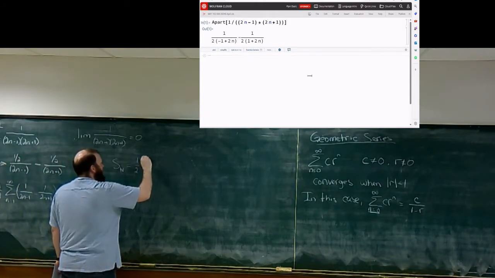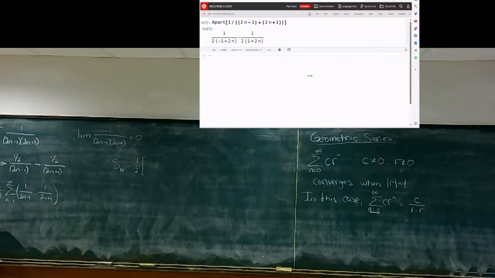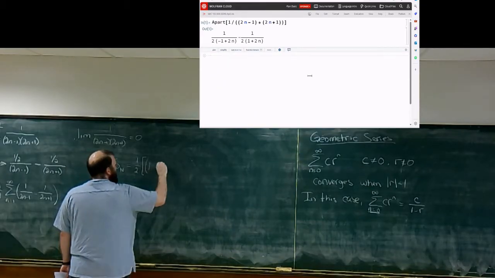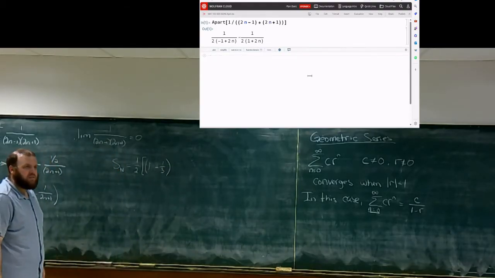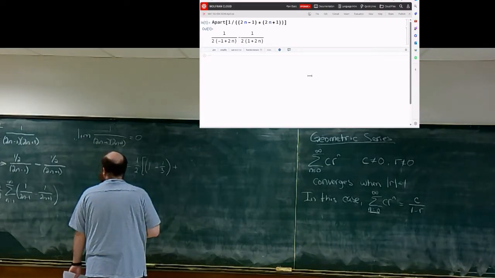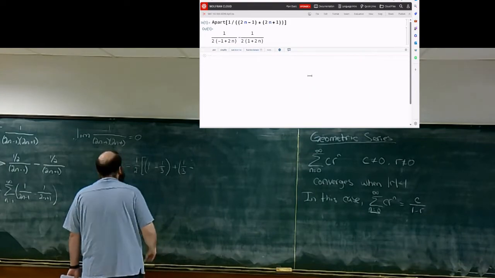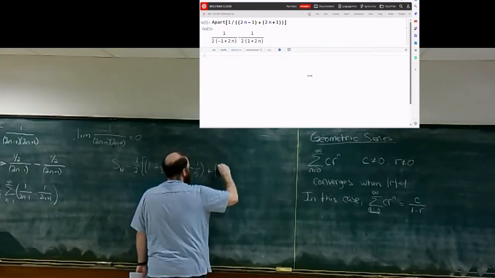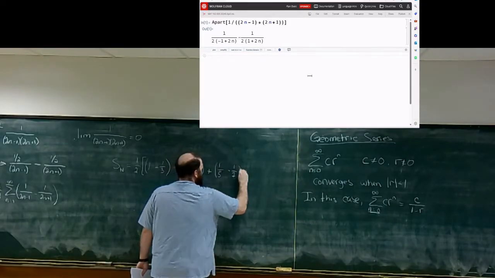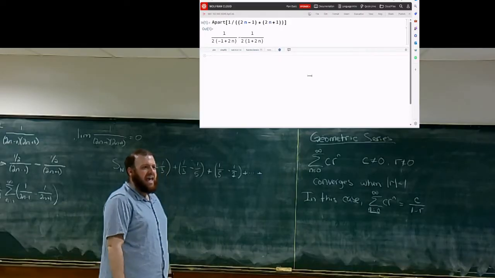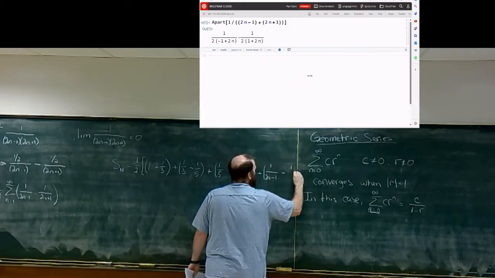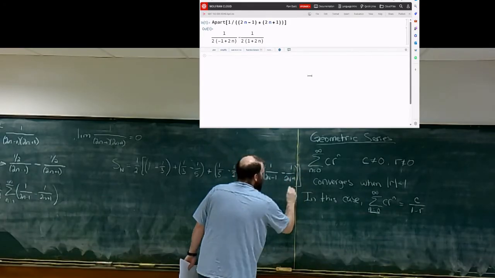Well, it's going to be 1/2 times the n equals 1 term, which is 1 minus 1/3, plus the n equals 2 term, 1/3 minus 1/5, plus the n equals 3 term, 1/5 minus 1/7, and so on and so forth, up until the big nth term: 1 over 2n minus 1 minus 1 over 2n plus 1.